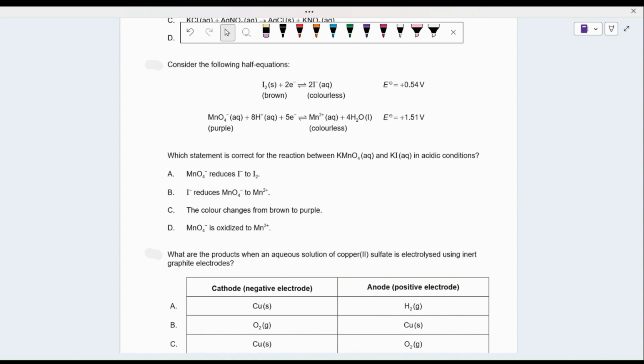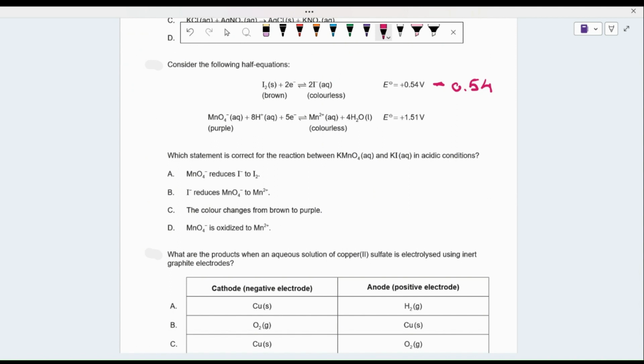When you add these two numbers after you've flipped one of them, we need to get a positive value. So the one that you're going to flip in order to stay with that positive value is going to be this top one. So it's going to be minus 0.54 instead. Because if we flip the second one, we'll get a negative E cell. Okay, so that's how you do that.